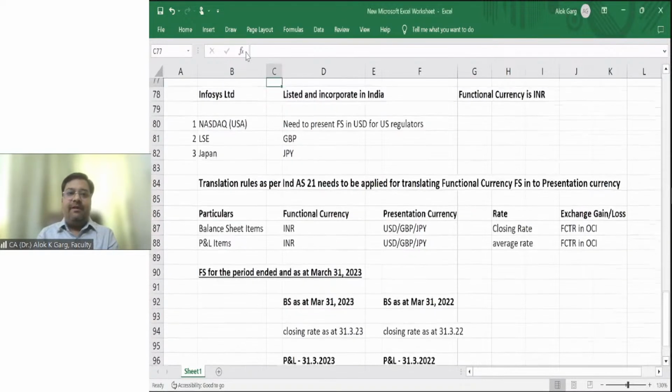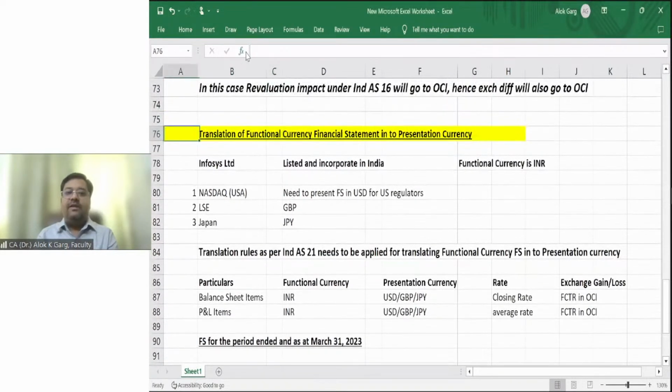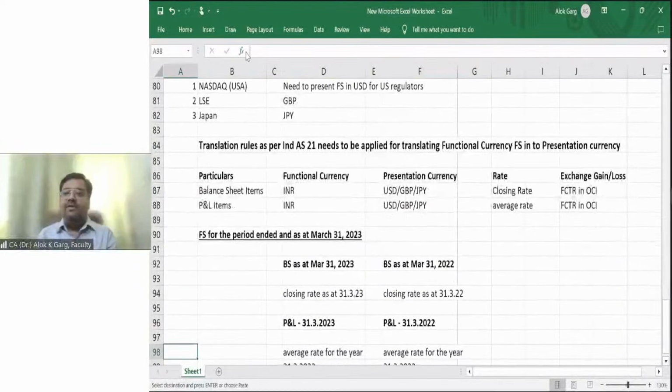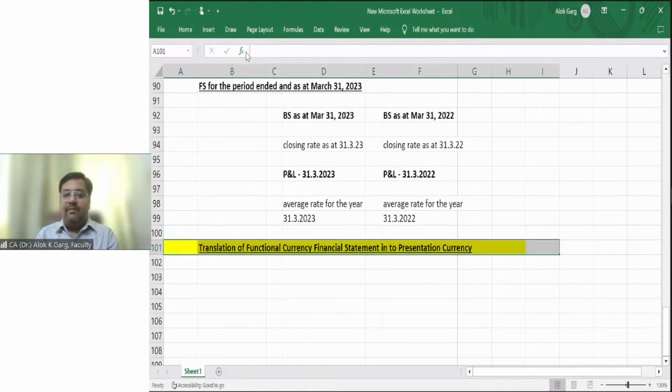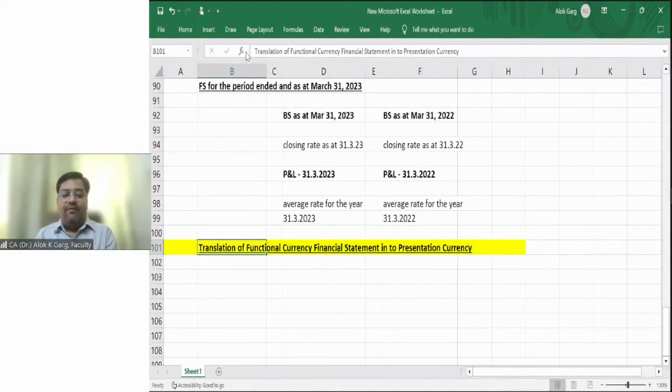So this concept we have spoken about is the translation of functional currency financial statements into presentation currency. Now the next concept which we are going to talk about, because the translation is similar in foreign operations as well, is the translation of foreign operations.